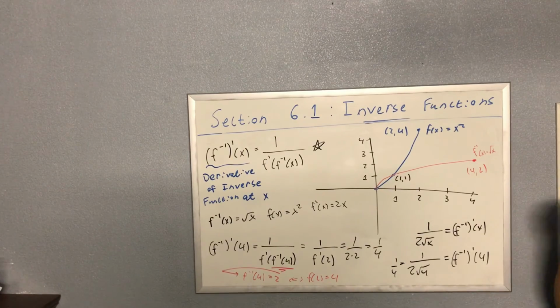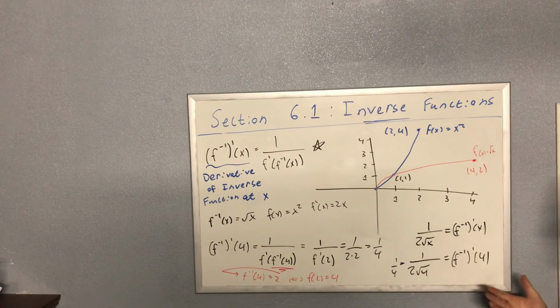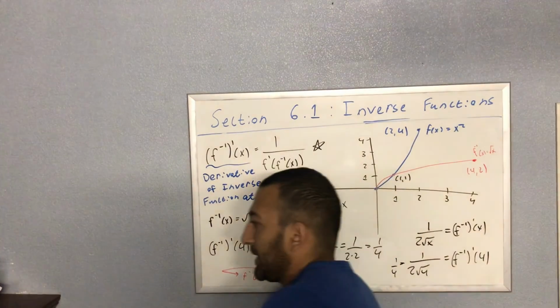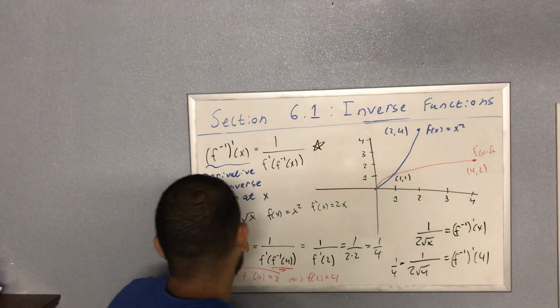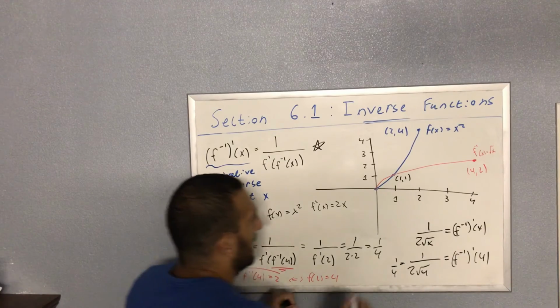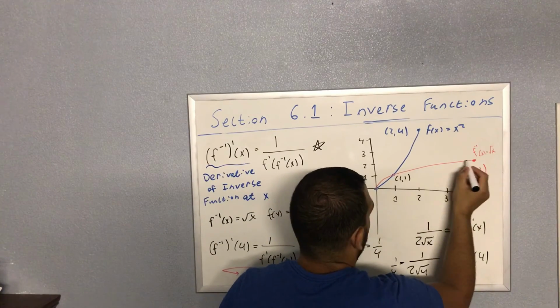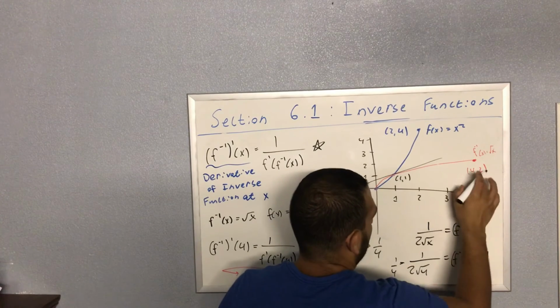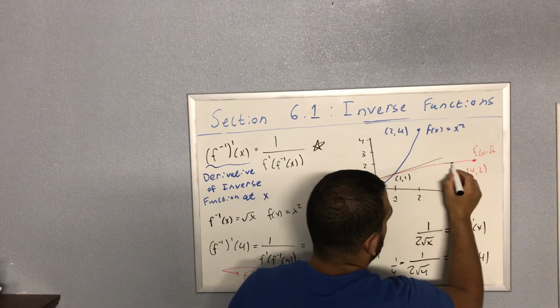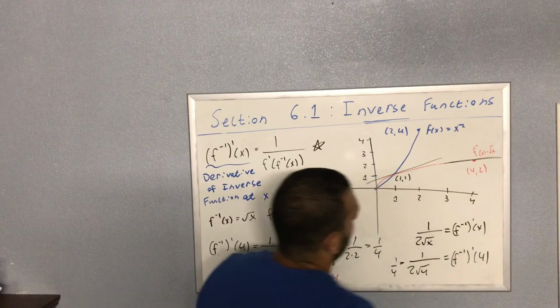Okay, so that's really interesting. And remember that what the derivative is telling you is the slope of the tangent line. So when we were calculating this thing at 1, when we erased it, we were looking for the slope of the tangent line on the red curve at x equals 1, so the slope of this line. And then when we did it at 4, we were looking at the slope of the tangent line at 4, and so on.